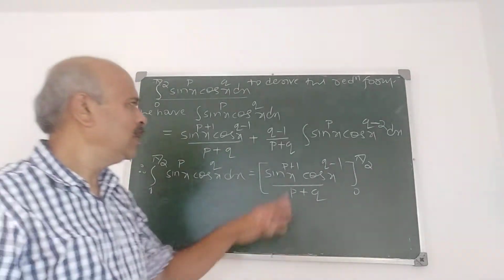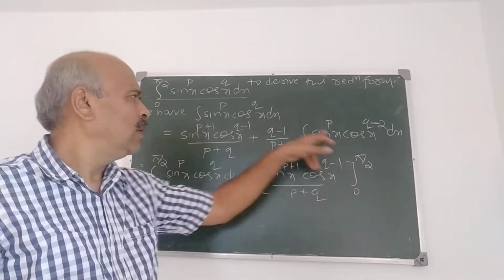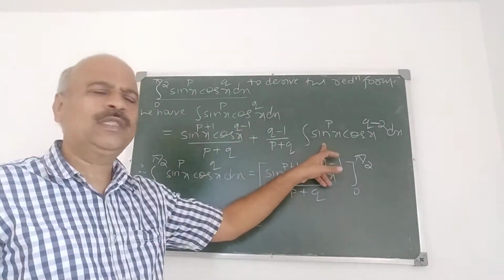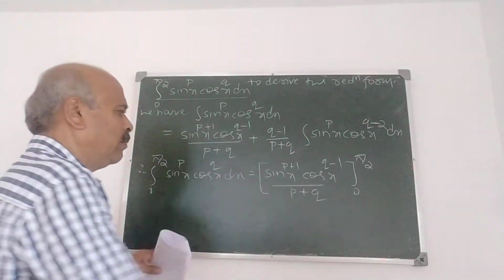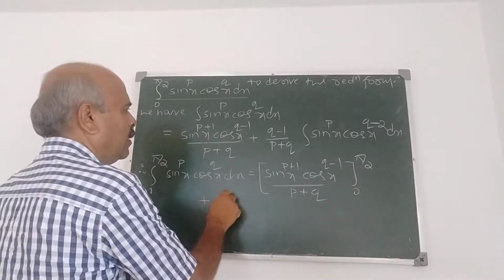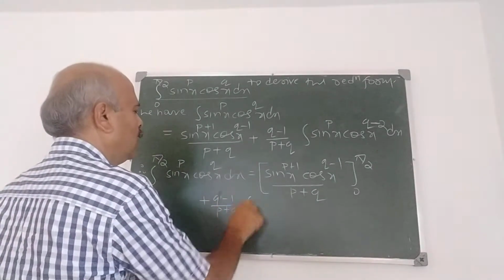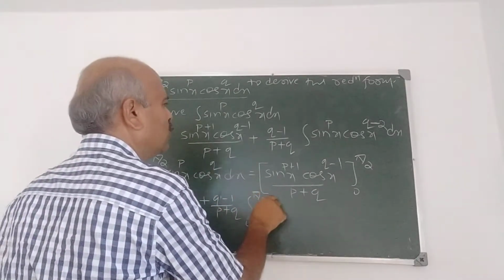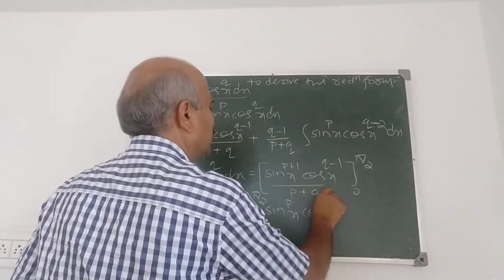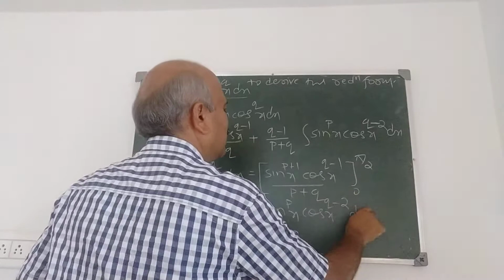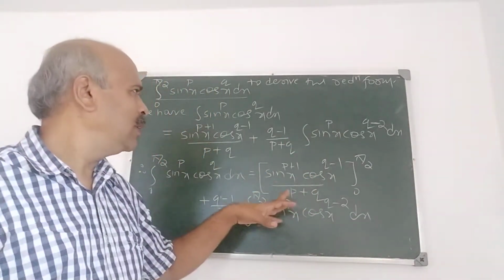Definite integral means value of this when x is pi by 2 minus value of this when x is 0. First I take 0 to pi by 2 of the first term, plus q minus 1 upon p plus q into integral 0 to pi by 2 sin x raised to p cos x raised to q minus 2 with respect to x. I think you followed this first step.